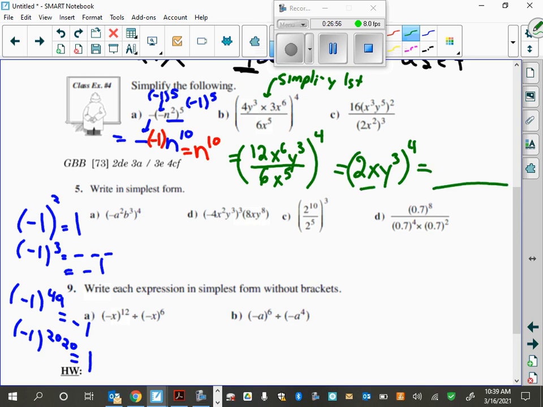Okay, so I'd rather deal with that than start applying the 4 times this, 4 times that. That just no. Don't do it. Don't do it. And you won't have to have an aspirin. Okay, finish it off. That's 2xy cubed all to the 4th.